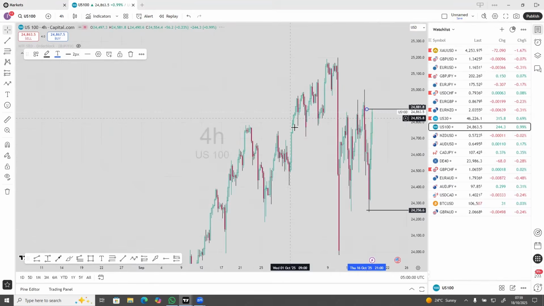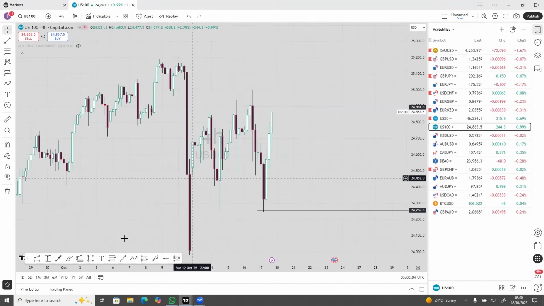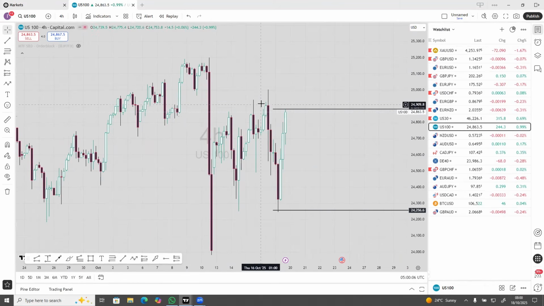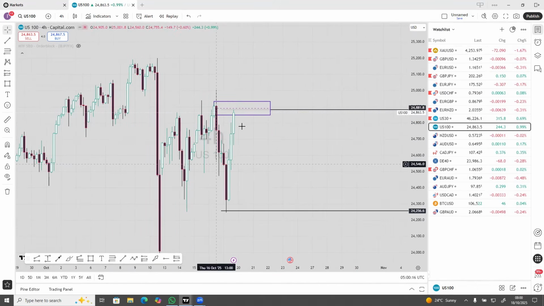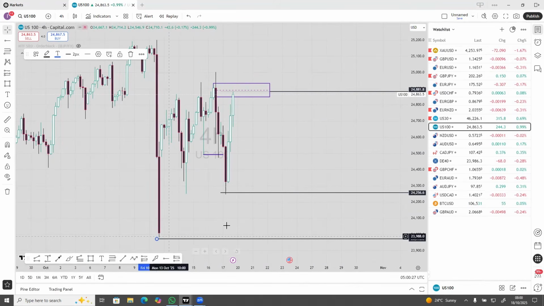Okay, all right. On 4-hour time frame, there is supply, and right now price is on that supply. So we are expecting rejection from that supply, the drop. Also over here we have a shift, and over here we have that liquidity.